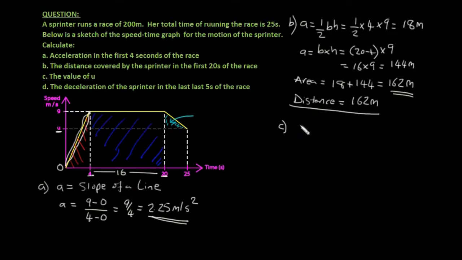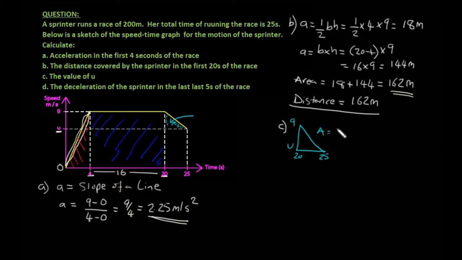If you draw the triangle, we got 9 here, we got u here, we have 20, and over here is 25.